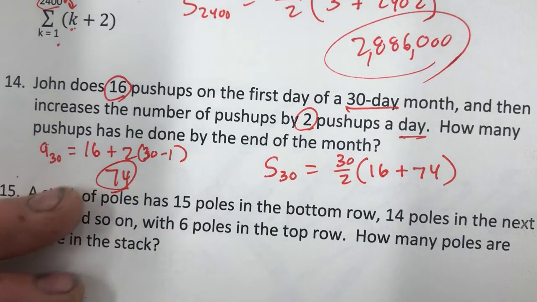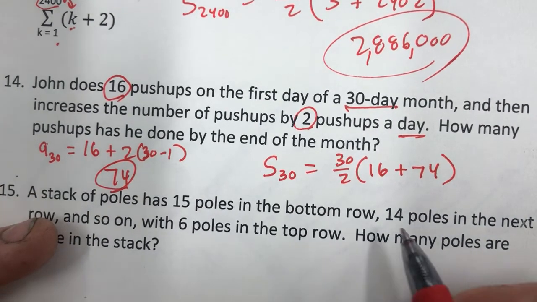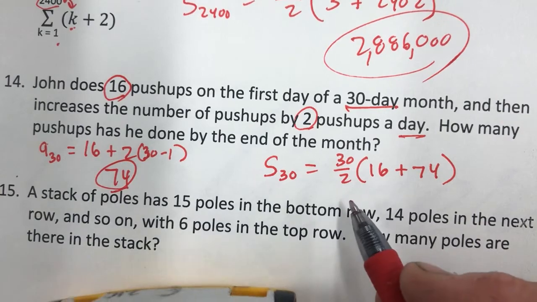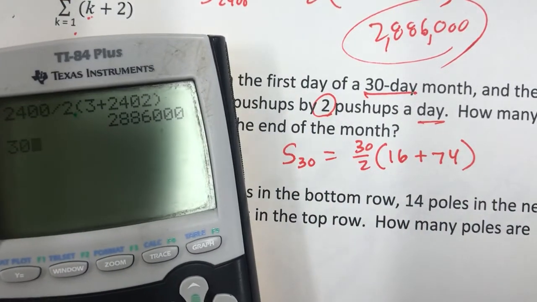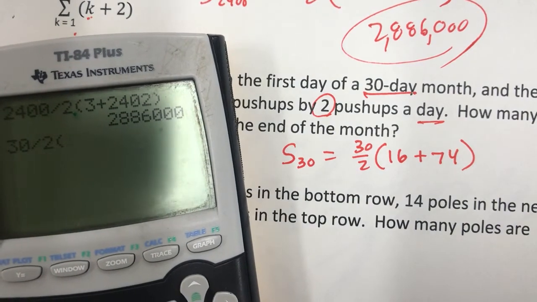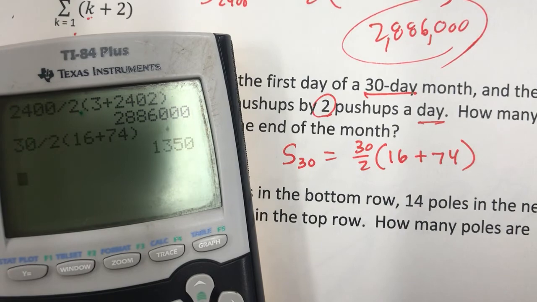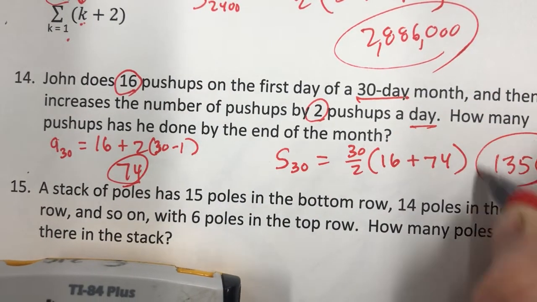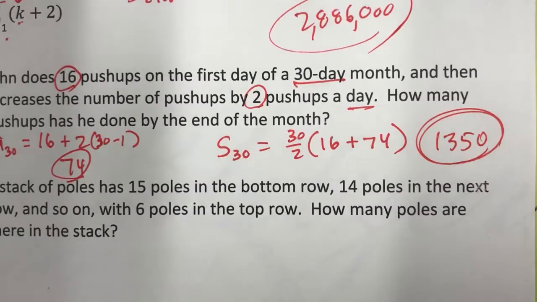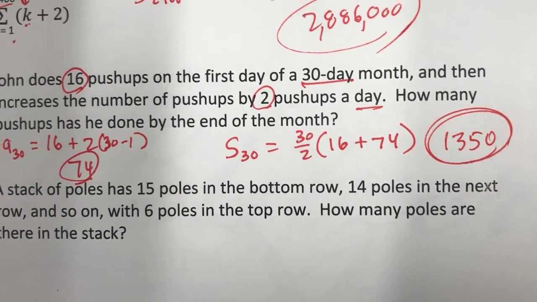I did it in my head. All right, so okay, 30 divided by 2 times 16 plus 74, and it comes up to 1350. So there's how many push-ups he ended up doing the whole month. 1,350.